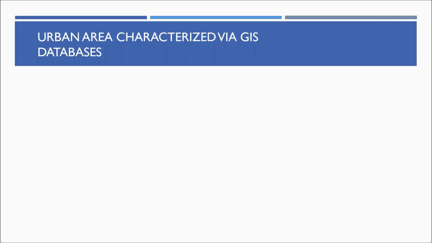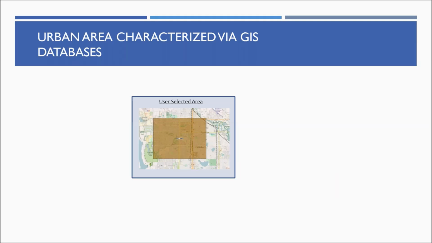Okay, so like I said, the urban areas are characterized first via these GIS-interfaced databases that are available through EPA's ERAMS. This is a really nice feature of the integrated urban water model because it means the user does not have to input a large amount of data in order to obtain a reasonable estimate of demand in a certain area and then be able to run scenarios from that point.